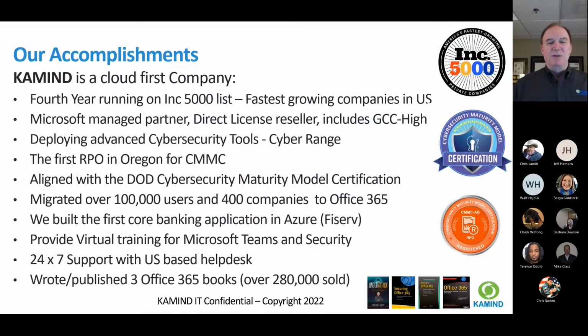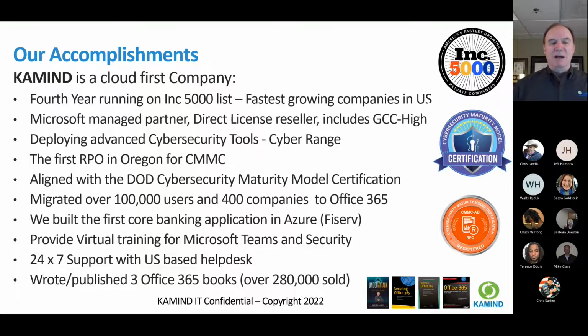And for those that are new to KAMIND IT, we're in our fourth year running as an Inc. 5000 fastest growing company in the US. We're also known as one of the 235 managed Microsoft partners in the United States. There's roughly 30,000 partners. We're also a direct reseller, including GCC High licenses, and we're one of the 52 companies that are allowed to purchase and provision GCC High licenses in Azure EA.